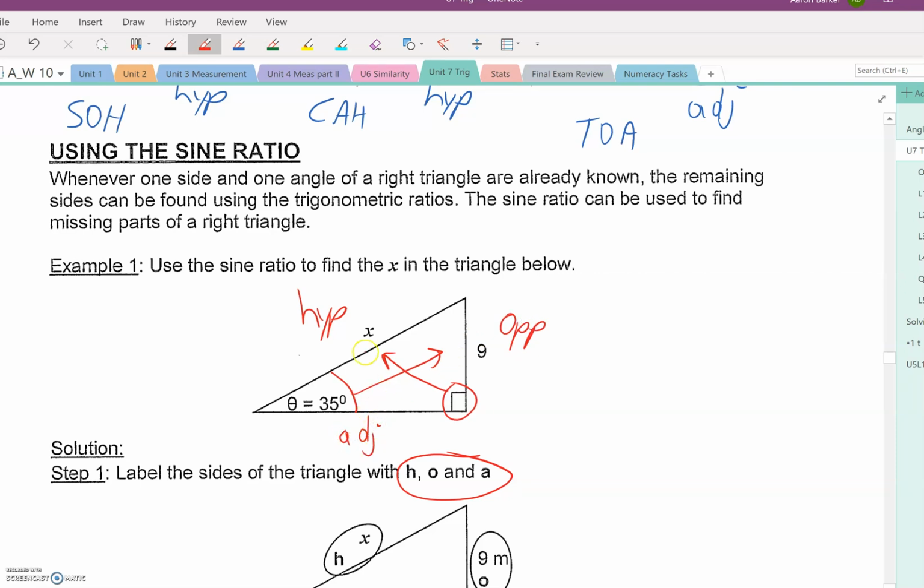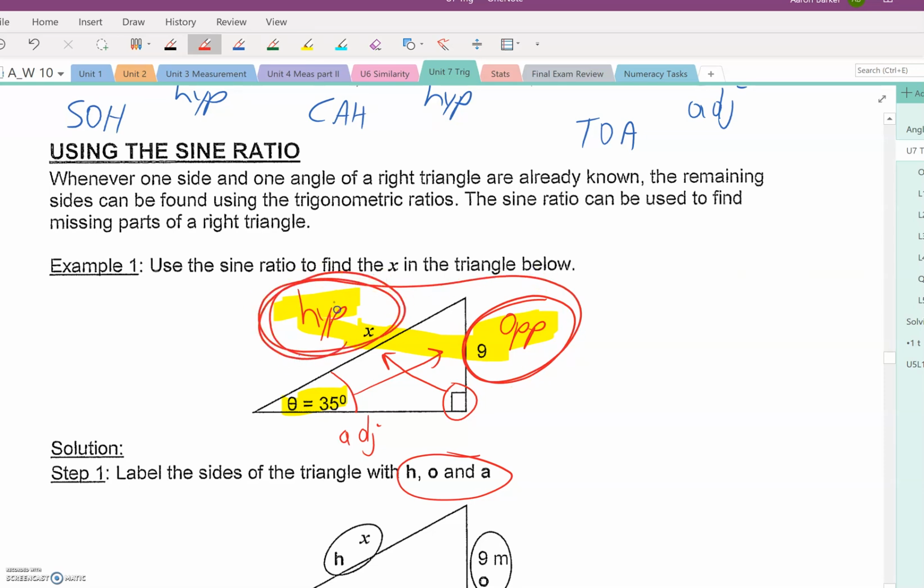So because we know x and 9, we are dealing with the hypotenuse and the opposite according to 35 degrees. So we can set up a ratio using sine, because sine is involving O and H, or opposite and hypotenuse. So we will say sine 35 degrees equals 9 over x.